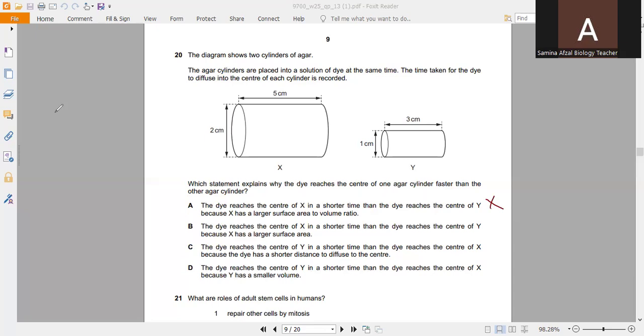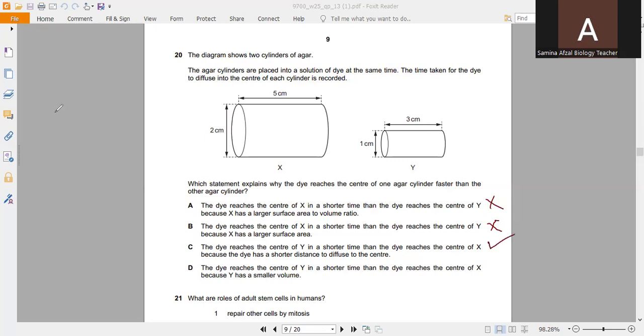Then, the dye reaches the center of X in a shorter time than the dye reaches the center of Y because X has a larger surface area. Again, this statement is not correct. Y has the larger surface area. The dye reaches the center of Y in a shorter time than the dye reaches the center of X because the dye has a shorter distance to diffuse to the center. The rule for the process of diffusion is that the distance should be short.